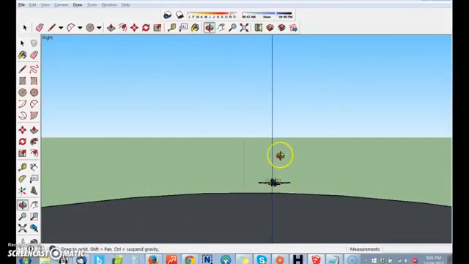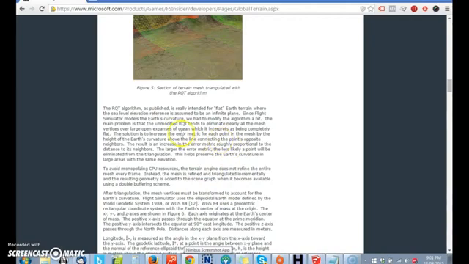Now, as I was putting this little airplane here, guess what I did? I went on to Flight Simulator, and I was curious, how did they do it? If you have to do Flight Simulator, how did they do it over the ocean? Well, check this out. We're on Microsoft.com, and let me read this here.